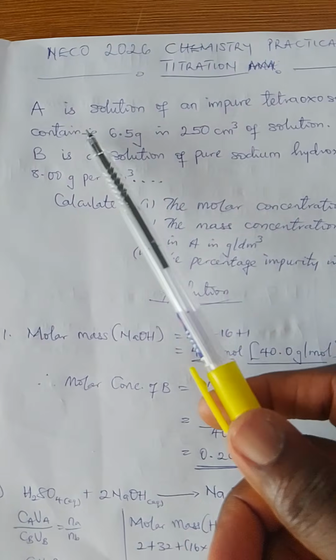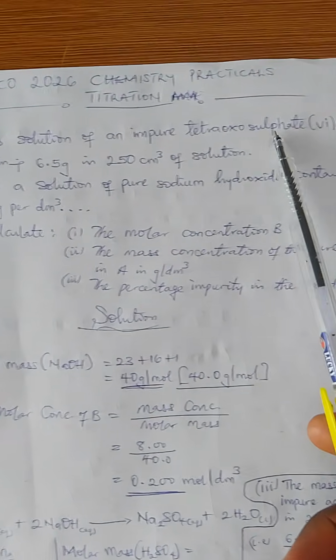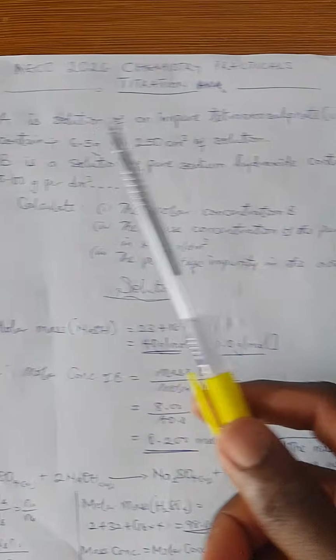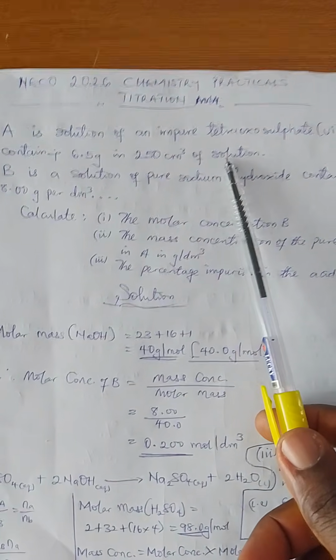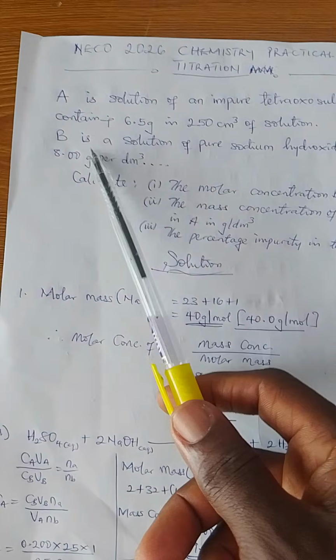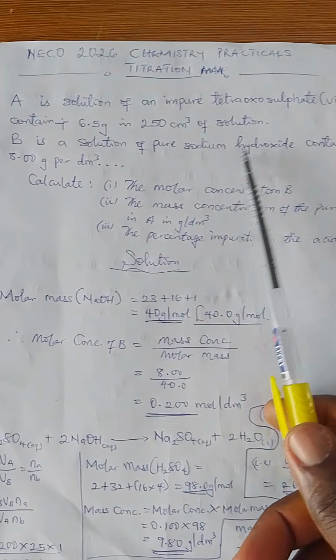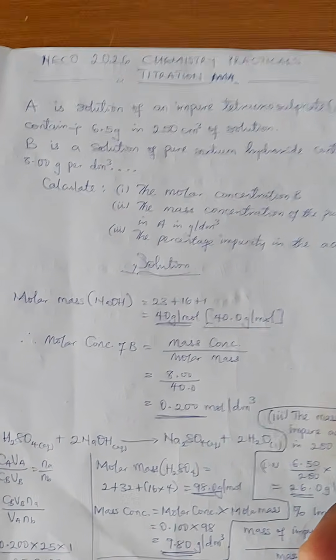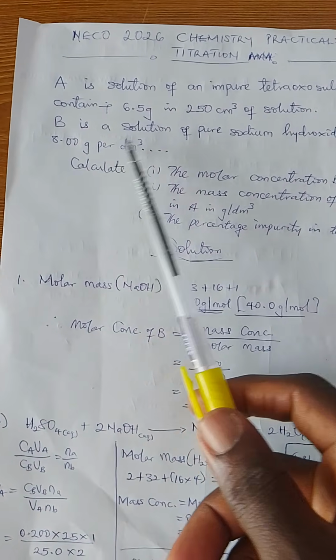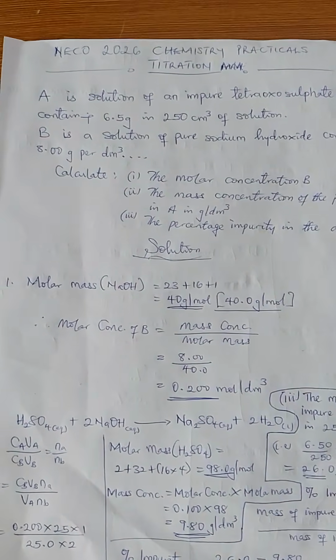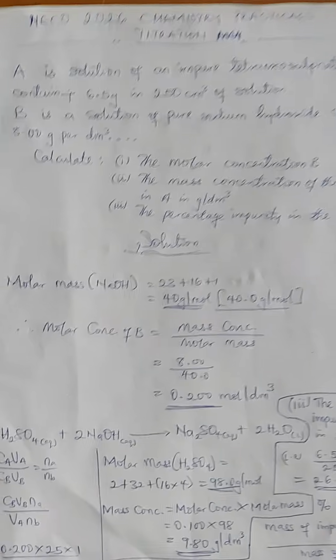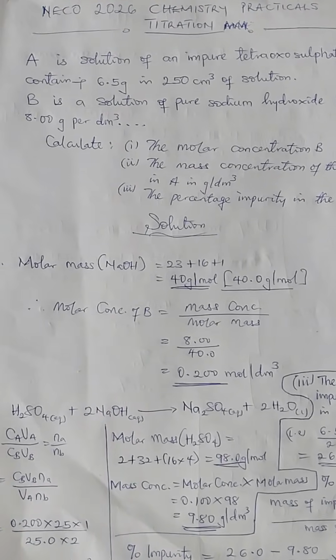A is a solution of an impure tetraoxosulfate(VI) acid containing 6.5 grams in 250 cm³ of solution. B is a solution of pure sodium hydroxide containing 8.00 grams per dm³, and you know all the other preambles: put this, put that, do this, get your titer value. I have done my titer value.